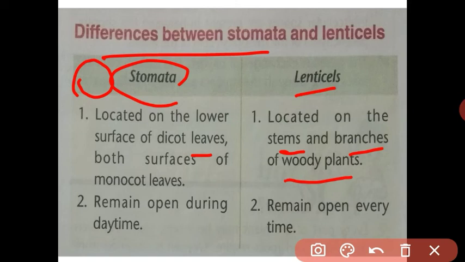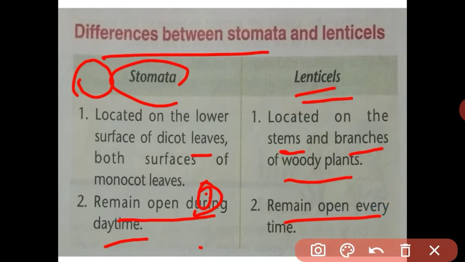The stomata remain open during the daytime. At night the stomata are closed, but the lenticels remain open all the time, night as well as day. Got it, students?